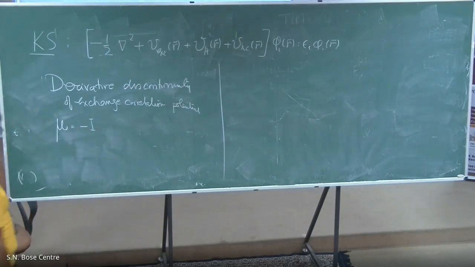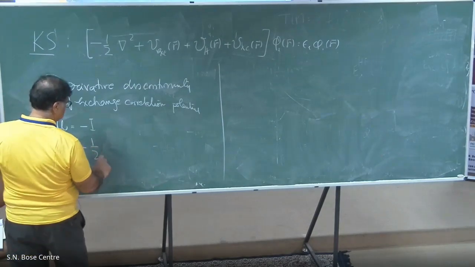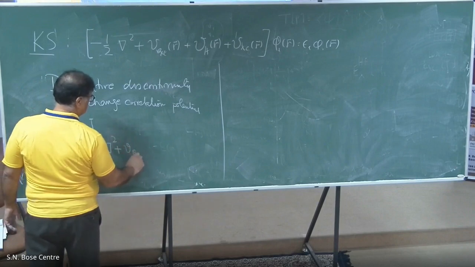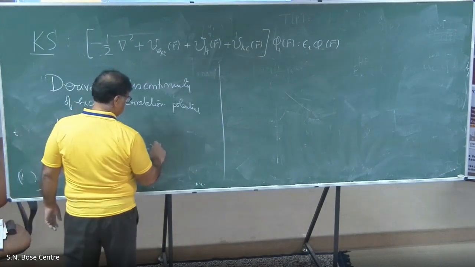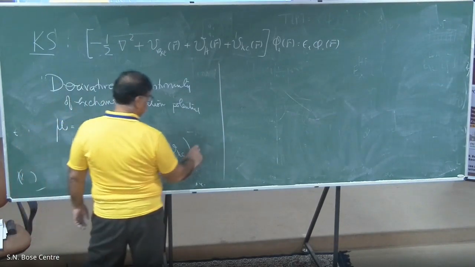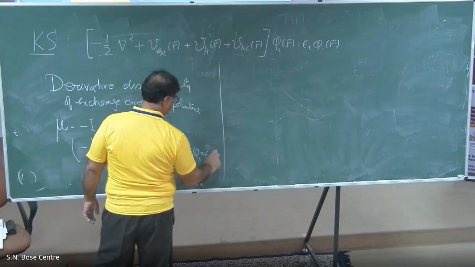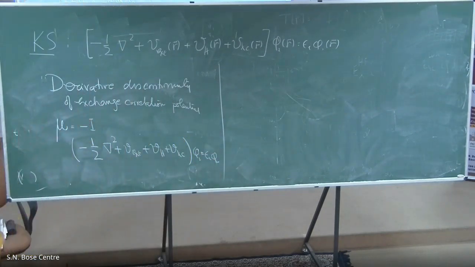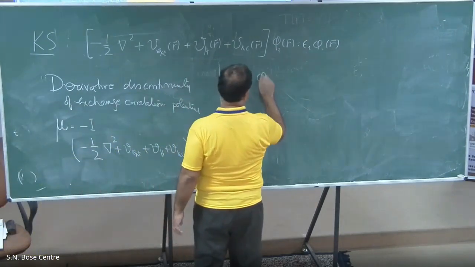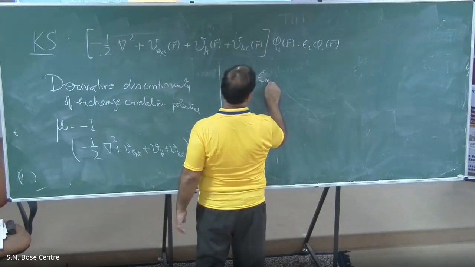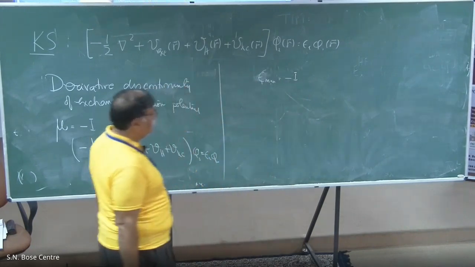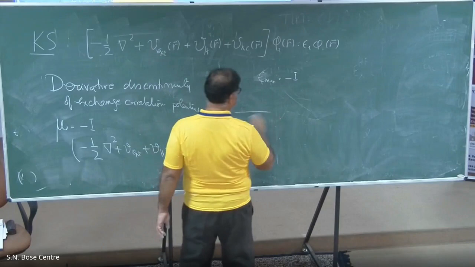Suppose I have a system, a Kohn-Sham system, which I'm solving: minus one half del squared plus the external potential plus the Hartree and exchange-correlation potential acting on psi, equal to epsilon max times psi. Suppose I go to the next property. So suppose this is an n electron system.